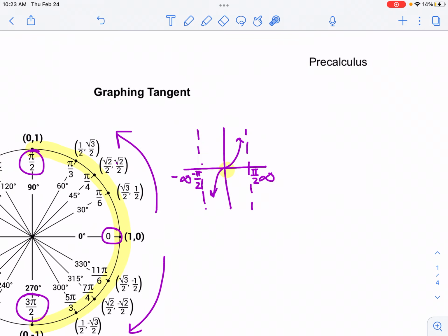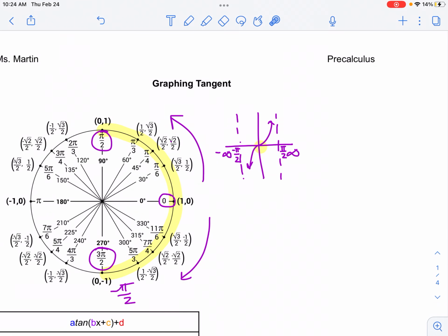Okay, so that's something that you need to keep in mind to begin with, is that it's a little bit different from sine and cosine, because remember with sine and cosine, we would have the coordinate plane, and if it was in standard form, it would start somewhere here at 0, either at the center or at the top, and then we would move towards the right and complete the graph that way.